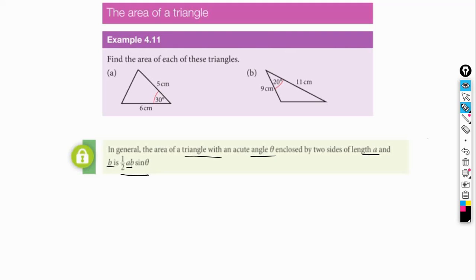So the area in this case would be 1/2 A times 6 times B times 5 times the sine of the angle. And then in this case, the area is equal to 1/2 A times B. It can be in any order. So 9 times 11 times the sine of 20.